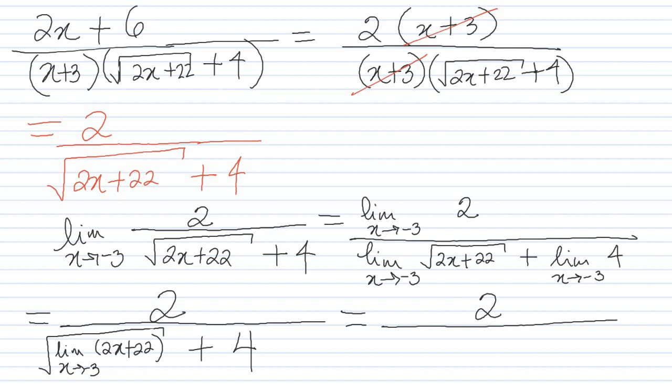So that would be here, and then we continue. That would be the square root here. So that would be 2 times negative 3 plus 22, plus 4. Let's go to the next page.